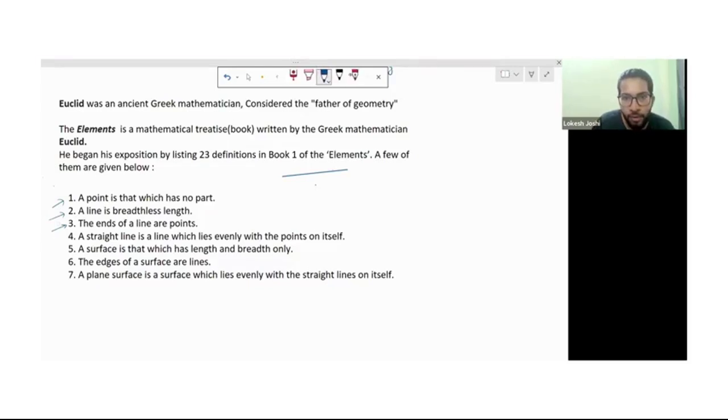Suppose the line we have drawn has these end points, the red color ones. So these are also points. The whole thing is a line and the ends are points. These all are the definitions given by Euclid. Now the fourth one, a straight line is a line which lies evenly with the points on itself.